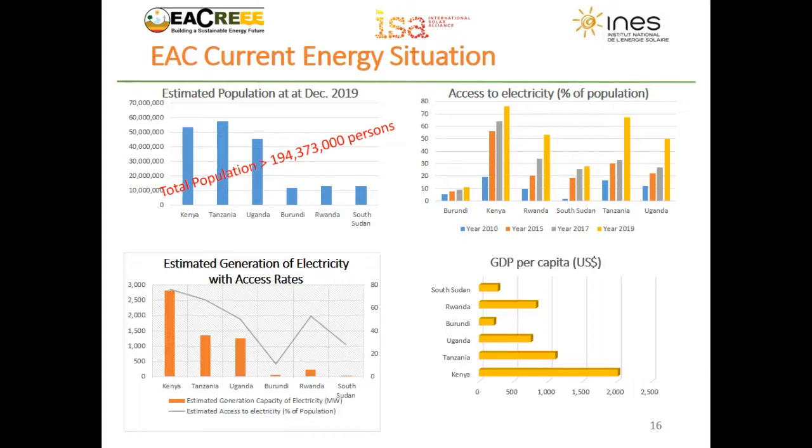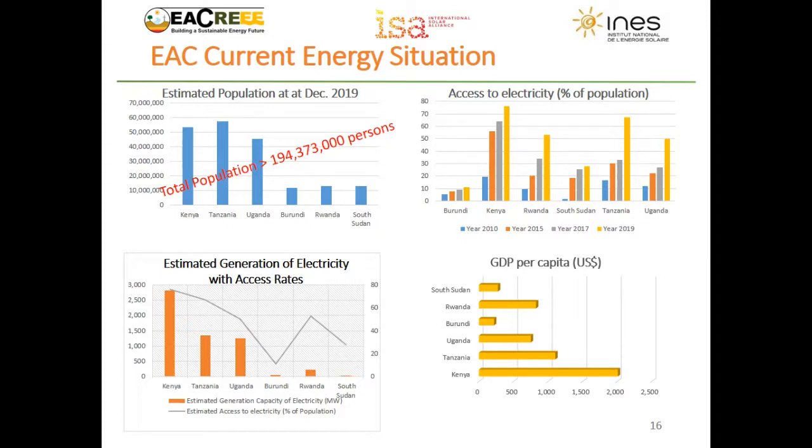The generation also varies quite similar to the population regime. You can see from the graph below that Kenya generates a total of about 2,700 megawatts, followed by Tanzania and Uganda, which are very close, with over 1,500 megawatts of installed capacity.